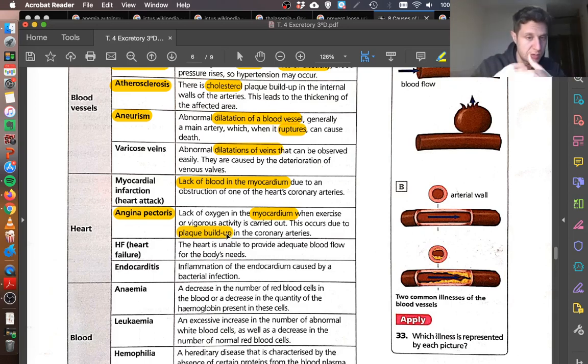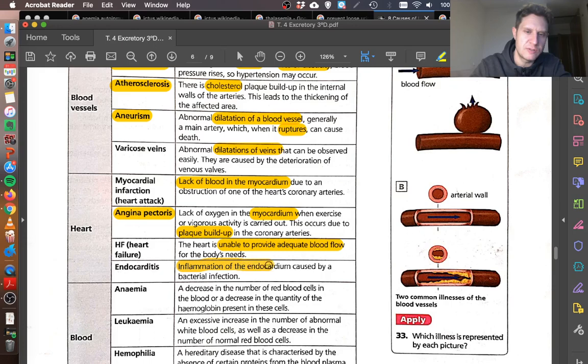We block the coronary artery, so the obstruction of this coronary artery can provoke, can end up in angina de pecho or in infarto, when you are not conscious at all, you faint, and you can die. Yes. Heart failure. Unable to provide adequate blood flow. This is not pumping. This suddenly stops.